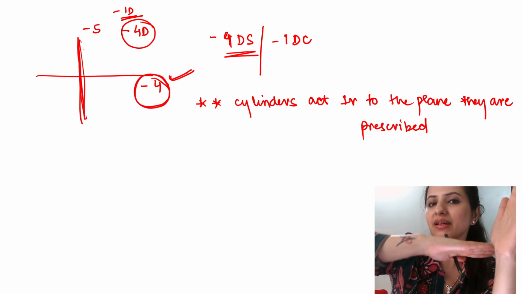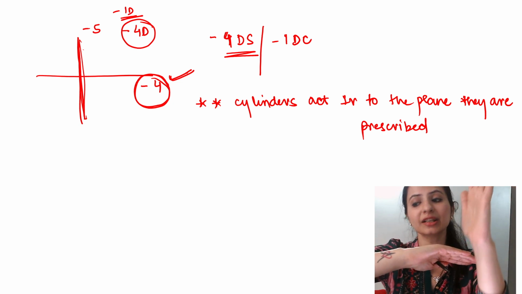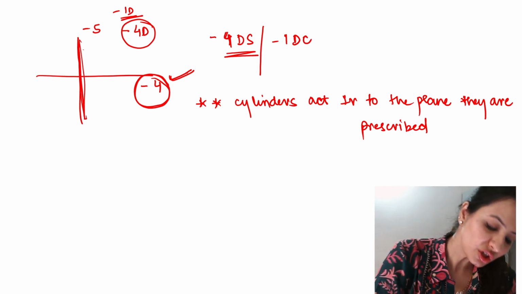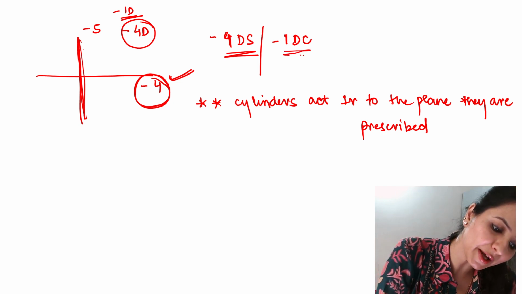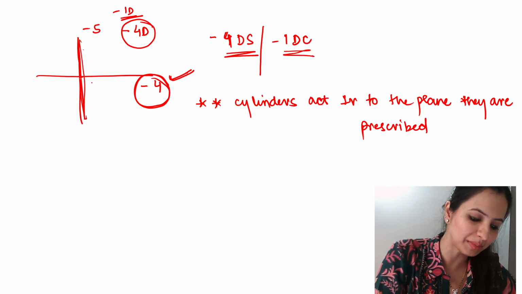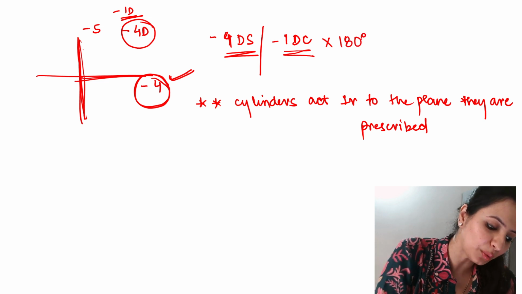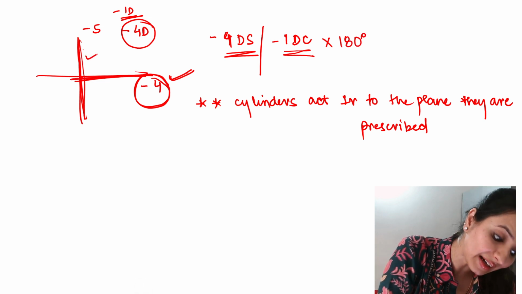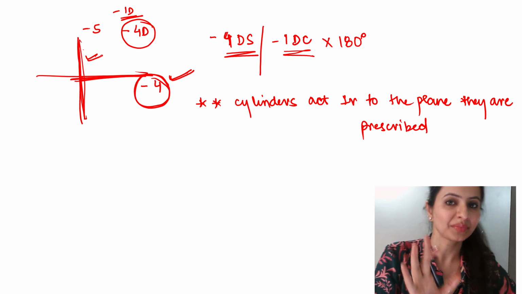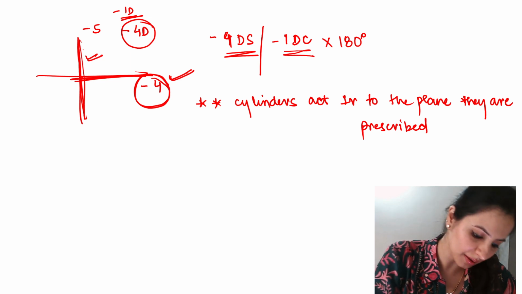Similarly, if you have given a cylinder in the horizontal meridian, it will act at the vertical meridian. Okay, so for this -1 diopter cylinder to act at the vertical meridian, I will have to prescribe it at 180 degree. So that when I prescribe it at 180 degree, it will act at 90 degree, right? Again, we'll look at it via one more example.